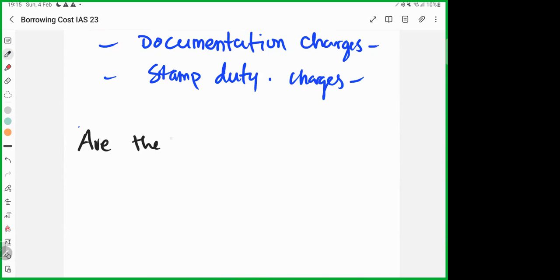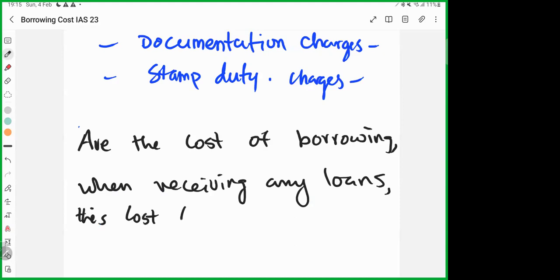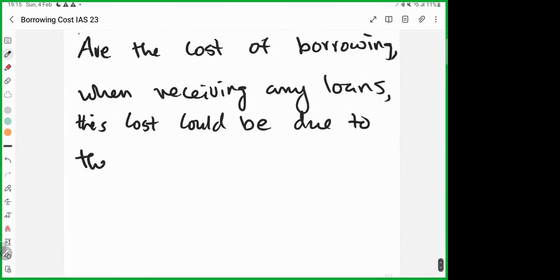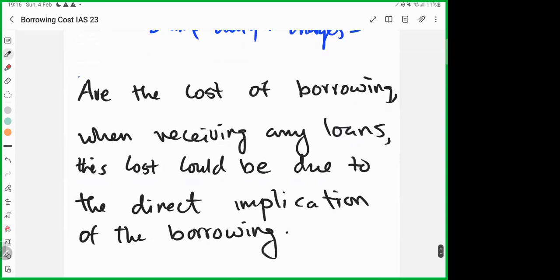Borrowing costs are the costs of borrowing when receiving any loan.